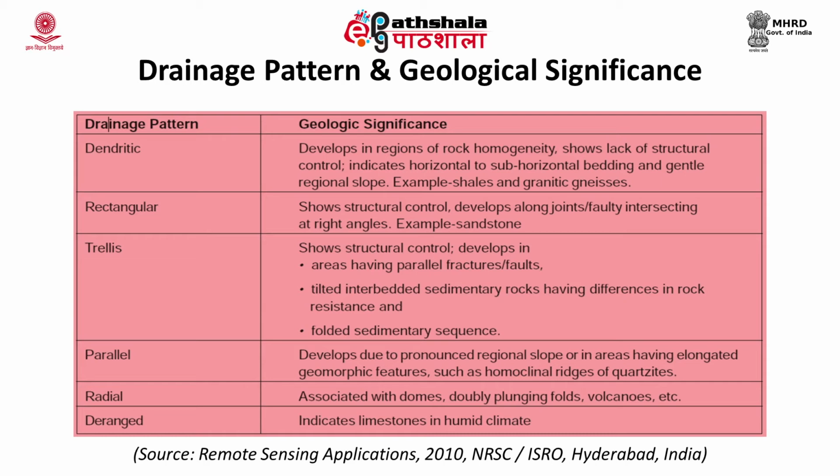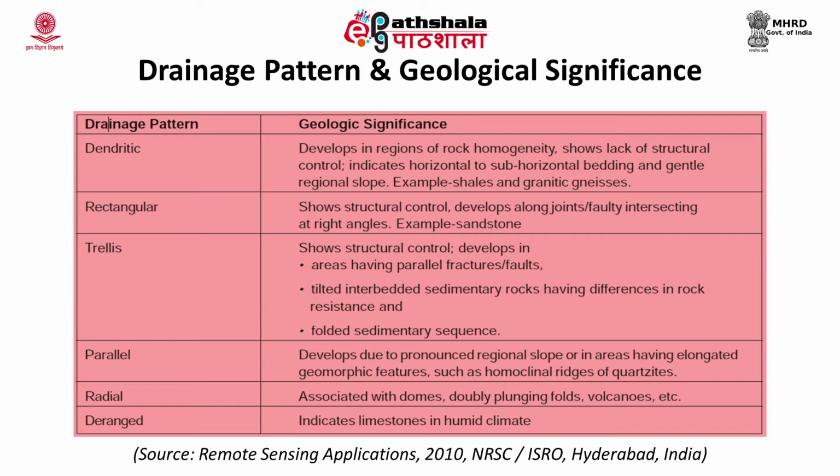For example, a dendritic drainage pattern develops in a region of rock homogeneity, shows lack of structural control, and indicates horizontal to subhorizontal beddings and gentle regional slope. For example, in shale or granitic gneissic rock areas, a dendritic drainage pattern will develop. So, based on this drainage pattern, we get information about the lithology and rock type.